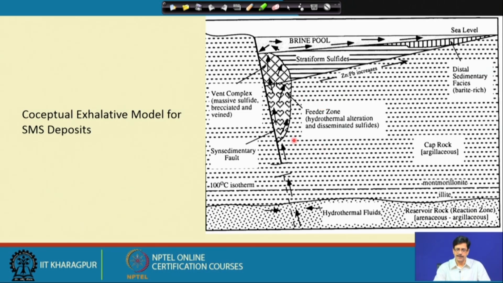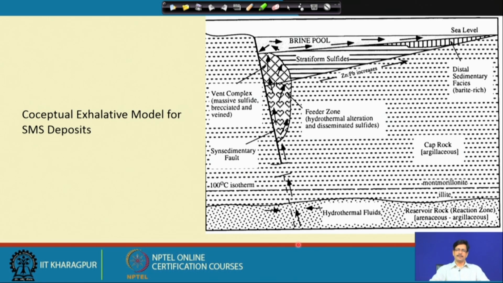This is one such model, but one can always imagine, analogous to what happens in a volcanogenic massive sulphide, that there could be some magmatic or volcanic activity in the subsurface providing the heat, because this fluid has to be buoyant and has to be compressed and move through this.